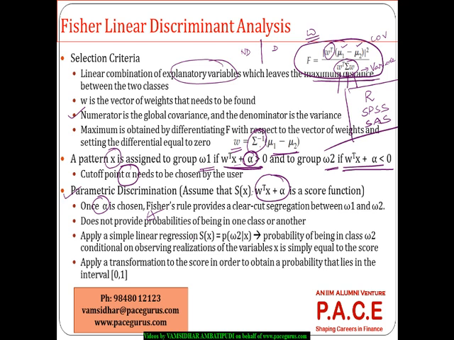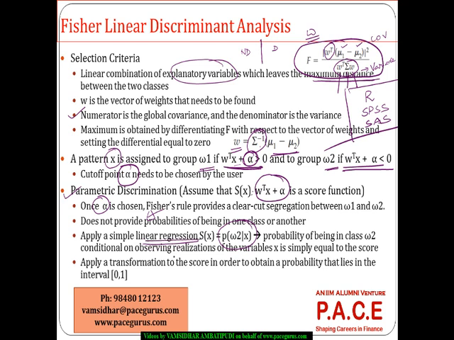Now this is where we talk about a slightly different model. If my intention is to come out with the probability of default, I take W transpose X plus alpha, that is S of X, and take that value as the probability of belonging to group omega 2 given X, and based on that do a linear regression.